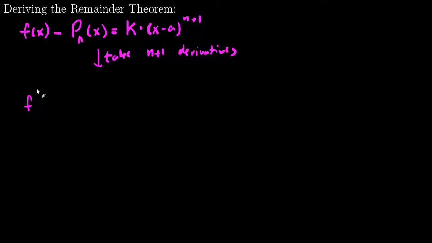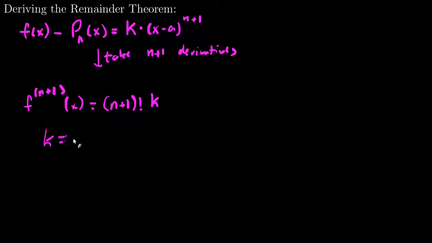I get the n plus first derivative of f, and that's going to equal, when I take n plus 1 derivatives of this, n plus 1 factorial times whatever this sort of coefficient is here. And I'll solve for k.